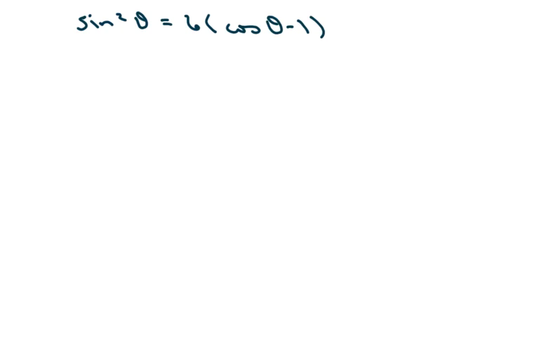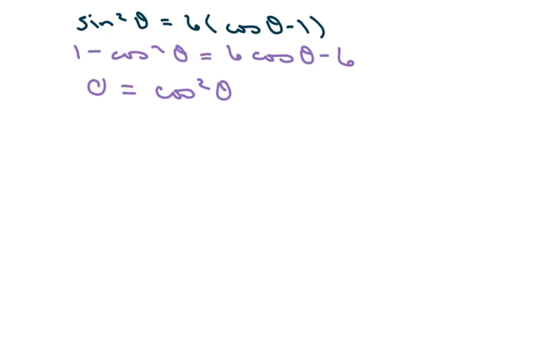Again, I'm going to go ahead and write this as 1 minus cosine squared of theta. I'm going to go ahead and distribute here. I'm going to go ahead and move everything over to the right and set it to 0. So we're going to have cosine squared of theta. It's going to be positive because I'm adding, plus my 6 cosine of theta.